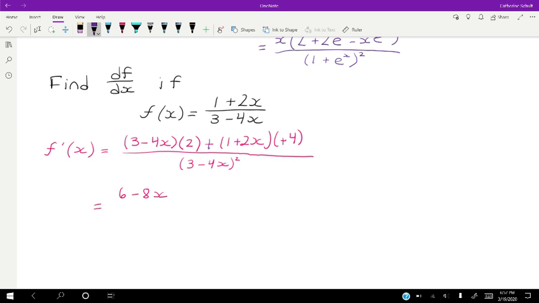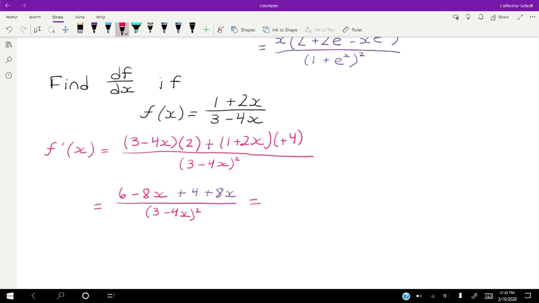So that's a lot easier than subtracting and distributing a negative 4. So let's distribute that positive 4. And then we have the 3 minus 4x all squared coming along for the ride. Don't leave that at the gas station.